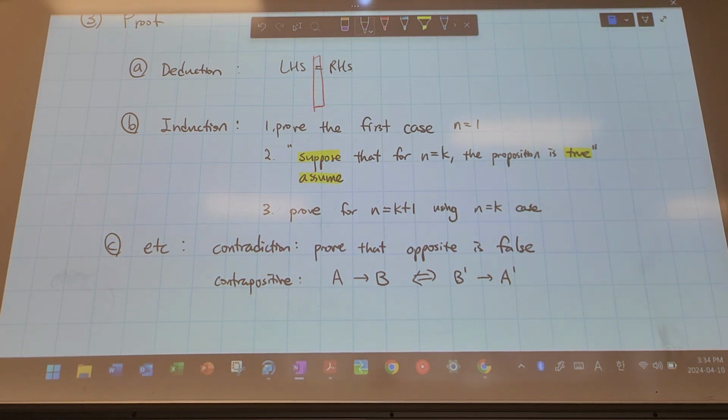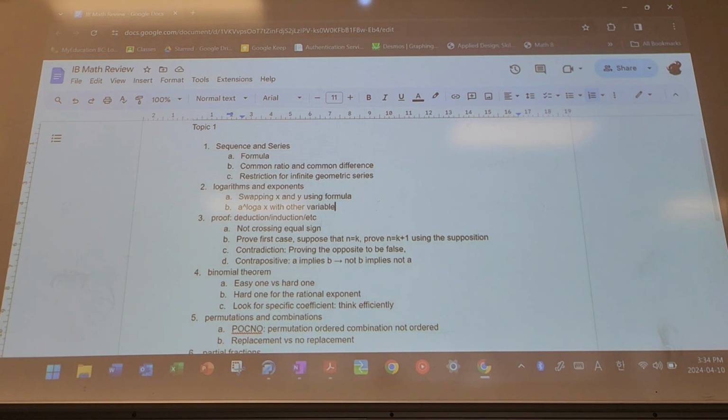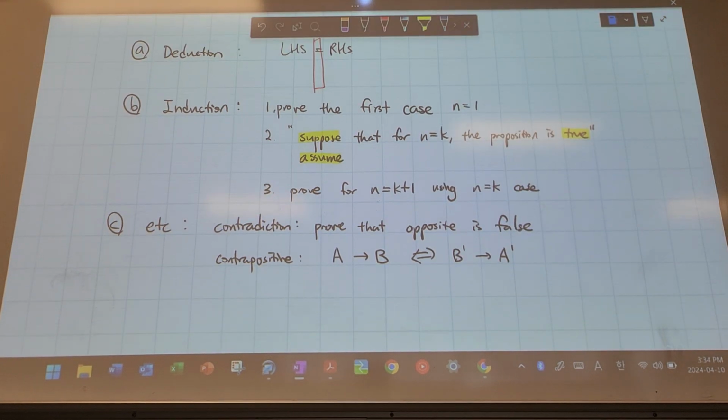So those are contradiction and contrapositive. I think contradiction is used a bit more often, but contrapositive is also used sometimes.